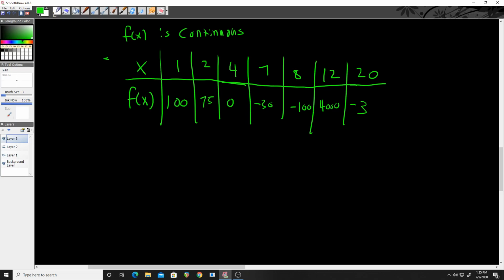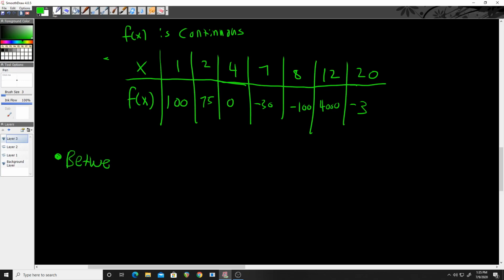So, for example, from x equal 1 to x equal 2, the function goes from 100 to 75. If f is continuous, then I'm going to write some sentences down from the intermediate value theorem.